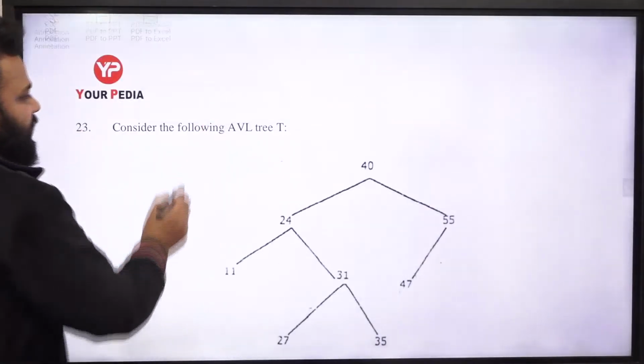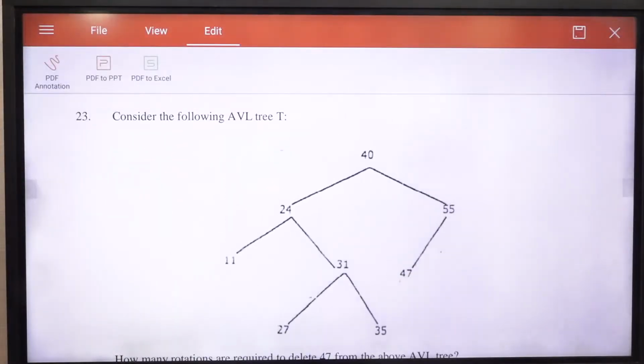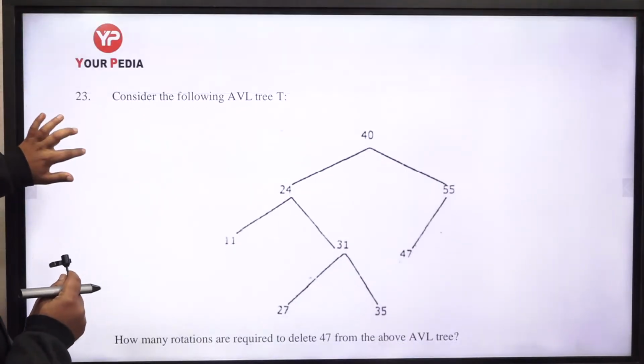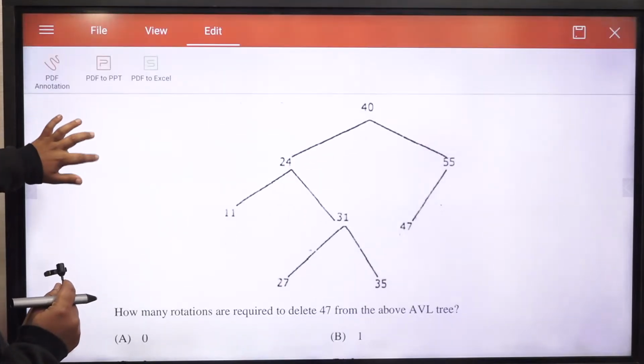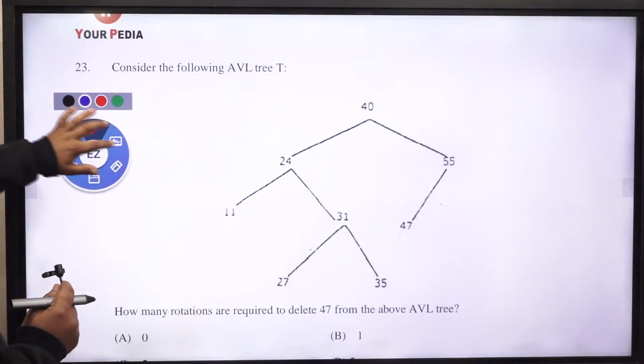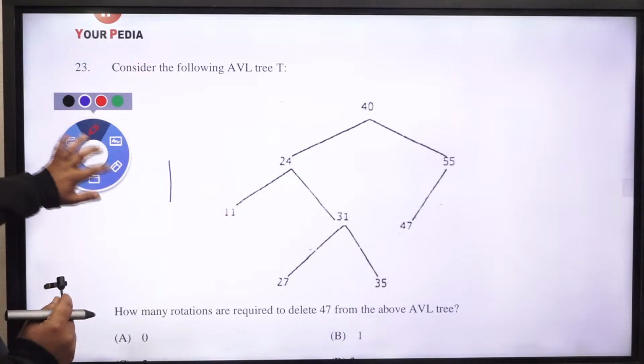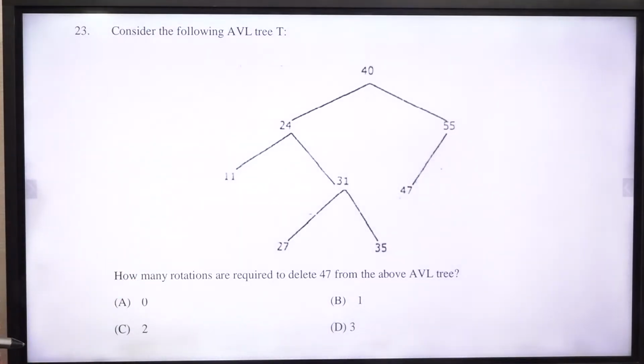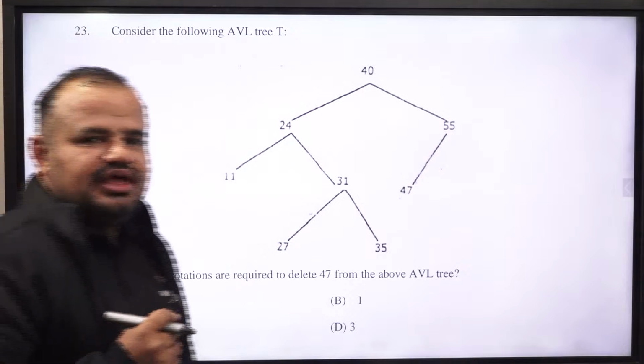Next is construct the following AVL tree. Yes, my dear students, the next problem is about the AVL tree. Consider the following AVL tree and now tell me how many rotations are required to delete 47 from the above AVL tree.